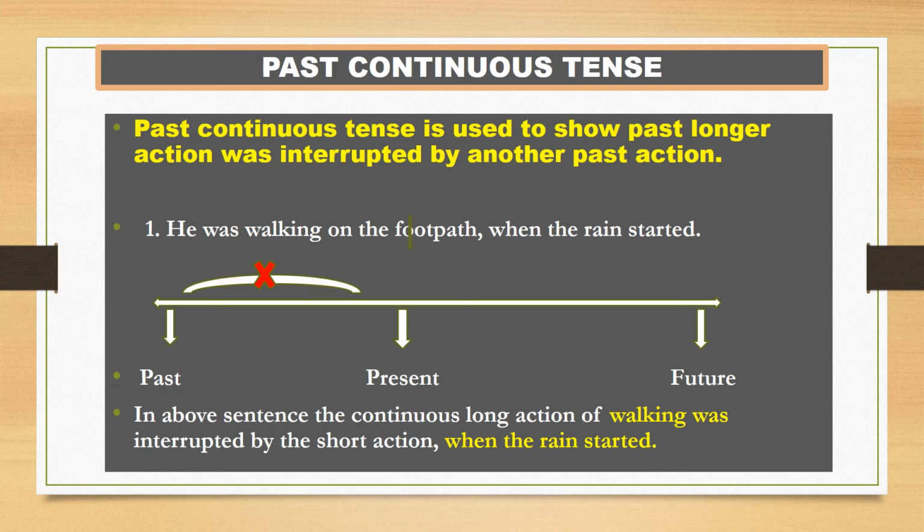So the longer action is shown by past continuous tense. He was walking on the footpath. This is the longer action in past continuous tense, and the shorter action, when the rain started, is given in simple past. It broke the longer action, that is, he was walking on the footpath. So past continuous tense is used to show the interrupted action.